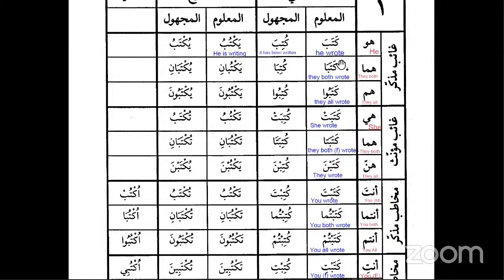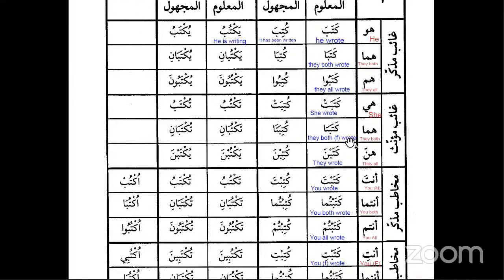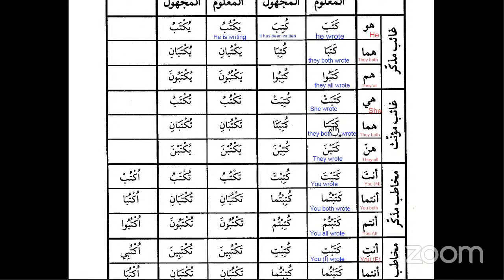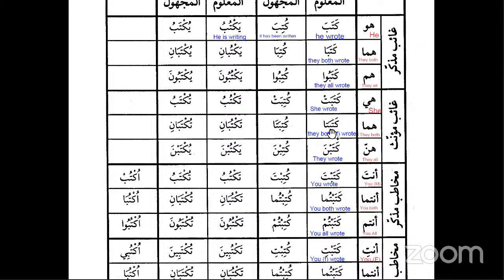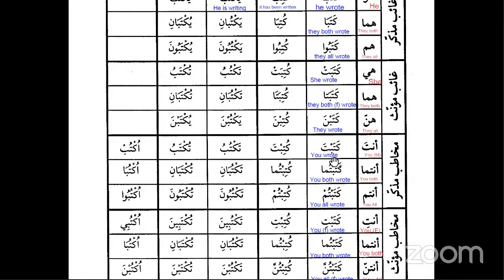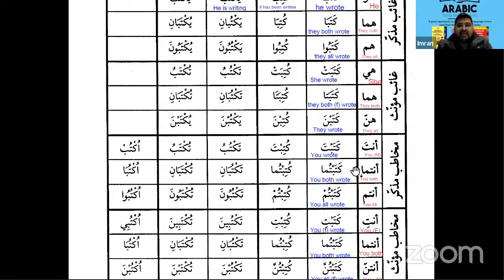Bismillahir Rahmanir Rahim. Huwa kataba, he wrote. Huma kataba, they both wrote, male. Hum katabu, they all wrote. Hiya katabat, she wrote. Huma katabata, they two female wrote. Hunna katabna, they all female wrote. Anta katabta, you male wrote.